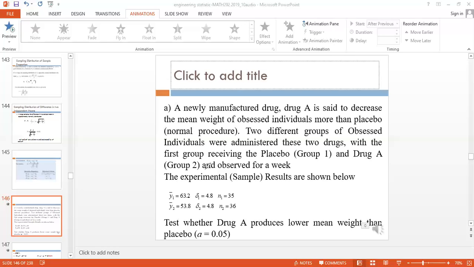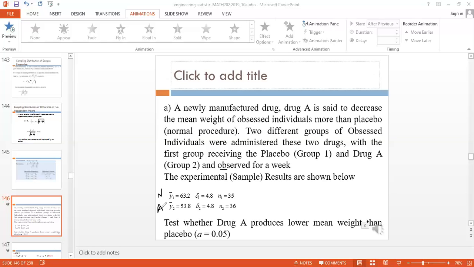Group 2 received drug A and were observed for a week. The experimental results are shown. So group 1 is for the placebo, that's the normal procedure, and those on drug A are in group 2.